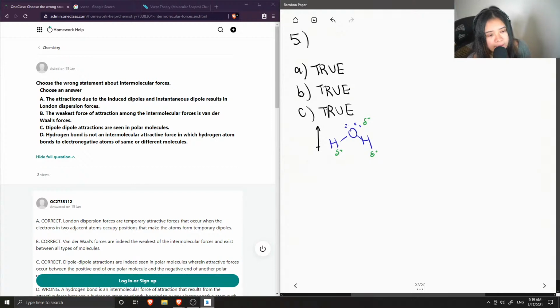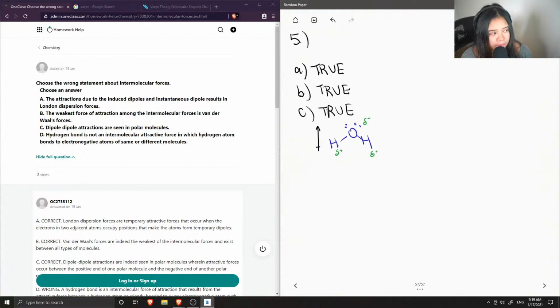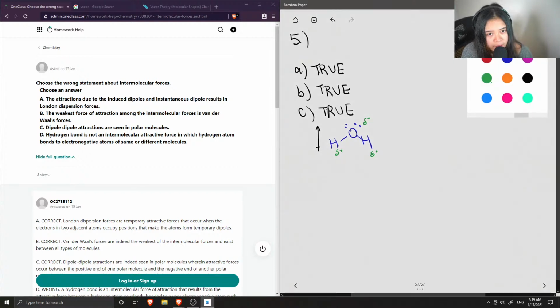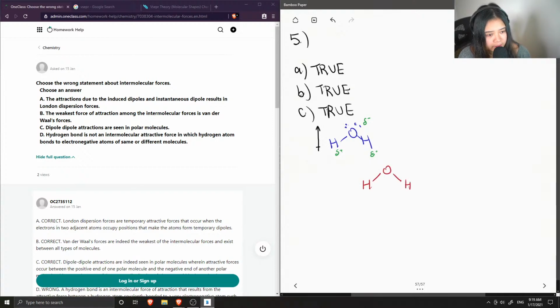And when we have this polar molecule that has a partially negative and partially positive side, it can attract a different polar molecule that also has a partially negative and partially positive side. And this is known as dipole-dipole interactions. So here I'll draw another water molecule.